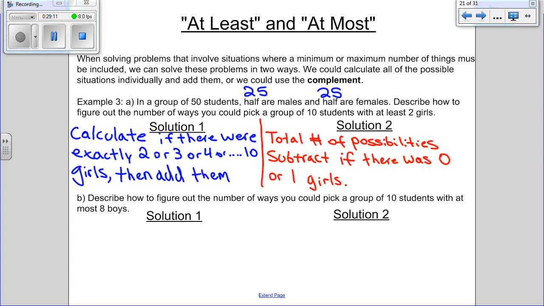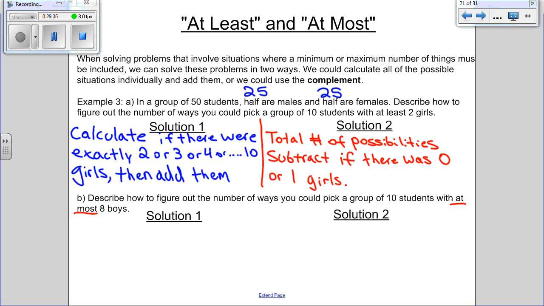Okay. Describe how to figure out the number of ways you can pick a group of 10 students with at most 8 boys. At most is way different than at least. At most 8 boys means that you could have 0 boys, or 1 boy, or 2 boys, or 3 boys, or 4 boys, or 5, or 6, or 7, or 8 boys.